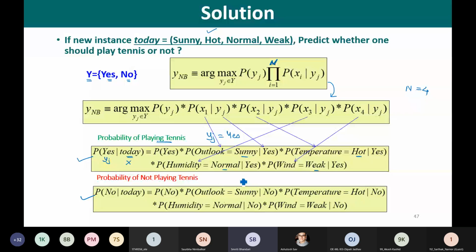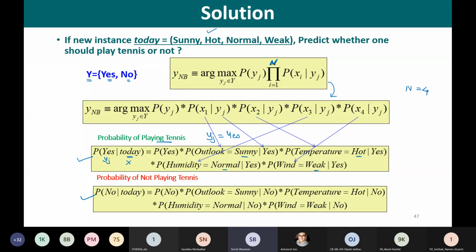We now need to compute the probability of yes given today and the probability of no given today, and whichever is the maximum probability, that would be the class.